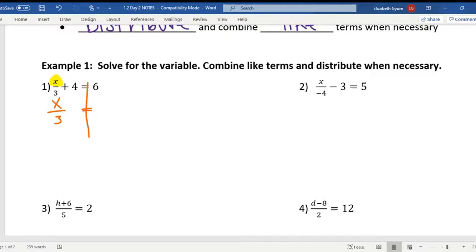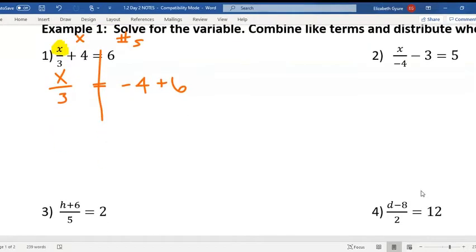But you want to move your 4, because remember, we want x's on the left and numbers on the right. Exactly. So we're going to move our 4 over, and when we move it over, it's going to switch from a positive to a negative. And then the 6 is already on the number side, right? So is that good where it is? It is. We can leave it there.